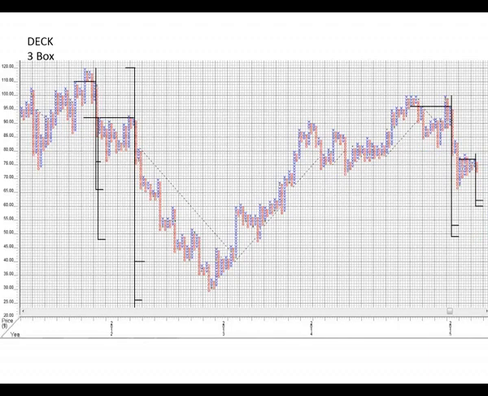The only difference between the picture on the left and the one on the right is that on the left we've made an LPSY at $92, at a much lower price point than 118. And on the right, it got back up to that prior high before it broke down again. But in both cases, the principle that we're counting with is the same. The same logic applies to both.